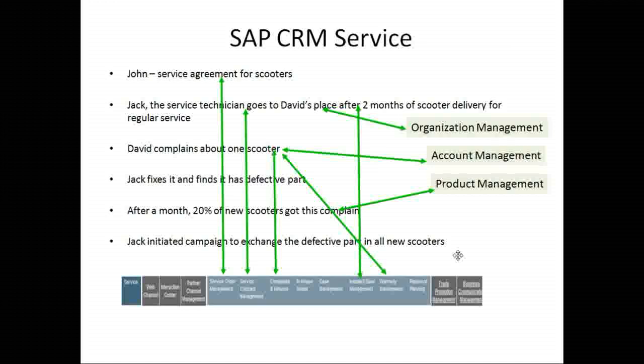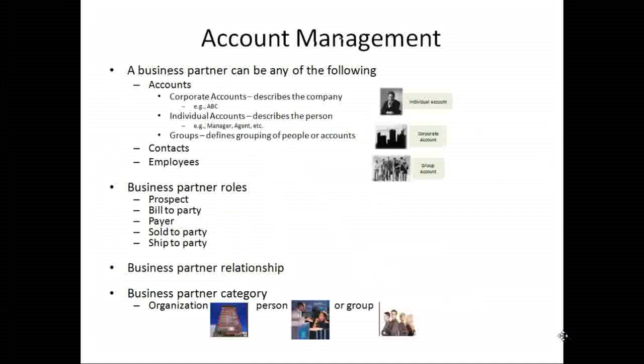So warranty management will handle this information, that is within 6 months or within this particular timeline, if any part in this new scoot gets damaged or is found to be defective, then it will be replaced free of cost by the company itself. So this will be maintained under warranty management. This is how the service business process is handled effectively and efficiently using SAP CRM.